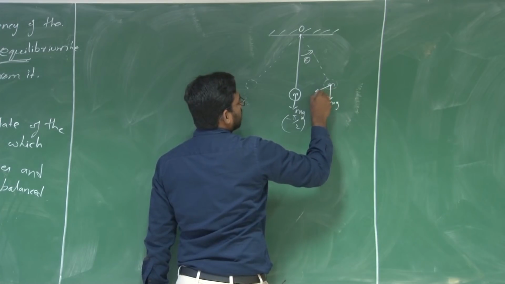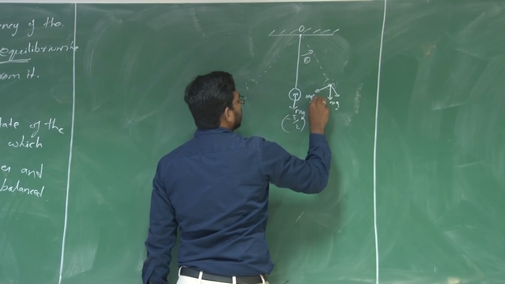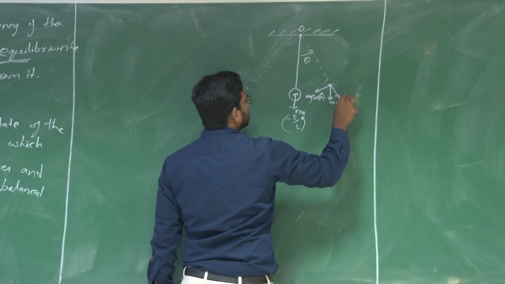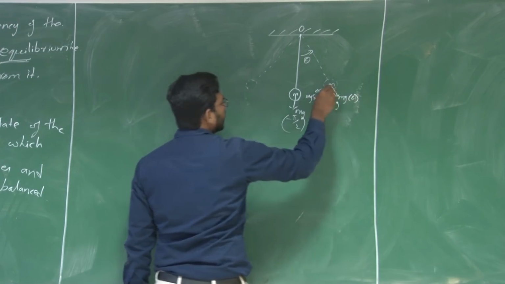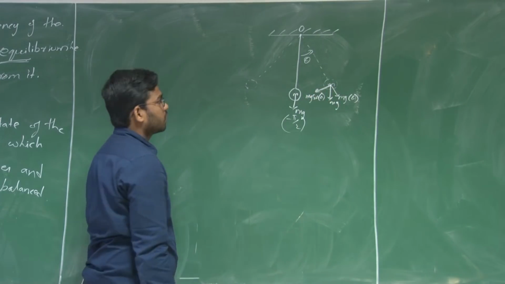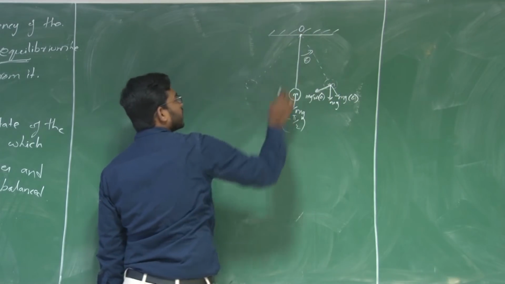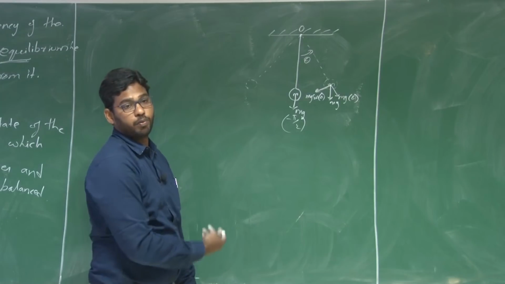There is a component of this mg, right, mg sin theta and mg cos theta. So this mg sin theta is what is driving it towards its equilibrium. But this force about this particular hinge point is creating a moment.